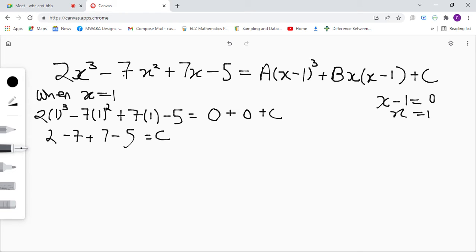So now we're going to solve: 2 minus 7 is negative 5, plus 7 is 2, minus 5 is negative 3. So therefore c equals negative 3.